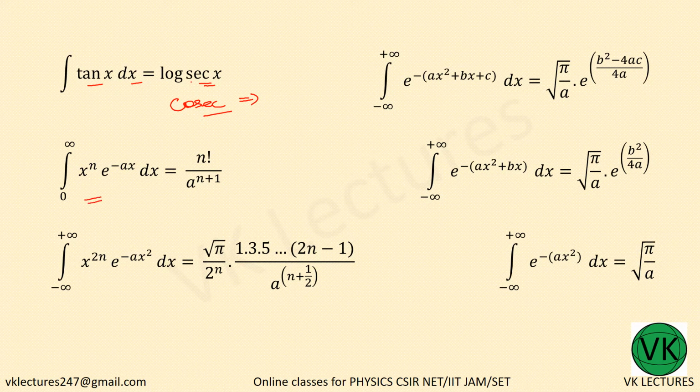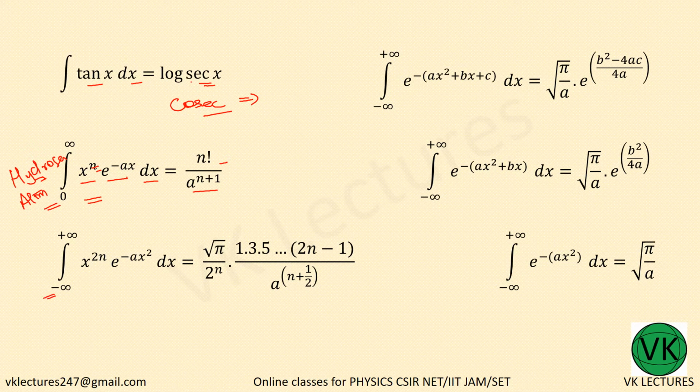This one, integral 0 to infinity of x to the power n e to the power minus ax dx is n factorial by a to the power n plus 1. This will be useful in hydrogen atom problems in quantum mechanics, this is very useful.